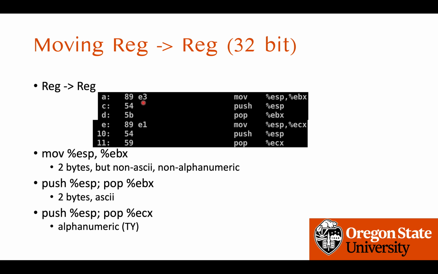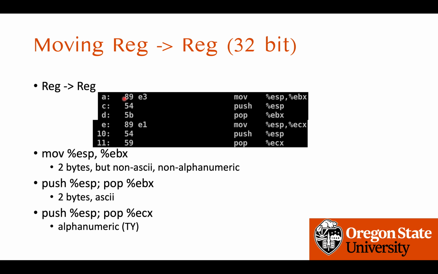Next is moving a register value to another register on a 32-bit machine. We can directly use the move instruction. For example, if you want to move the value of ESP to EBX, which we use for setting the first argument of execve, the resulting opcode is 89E3.